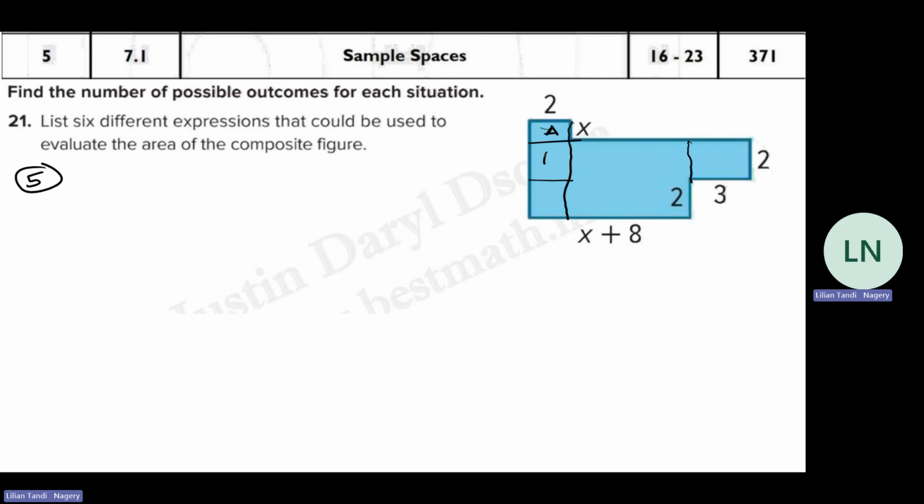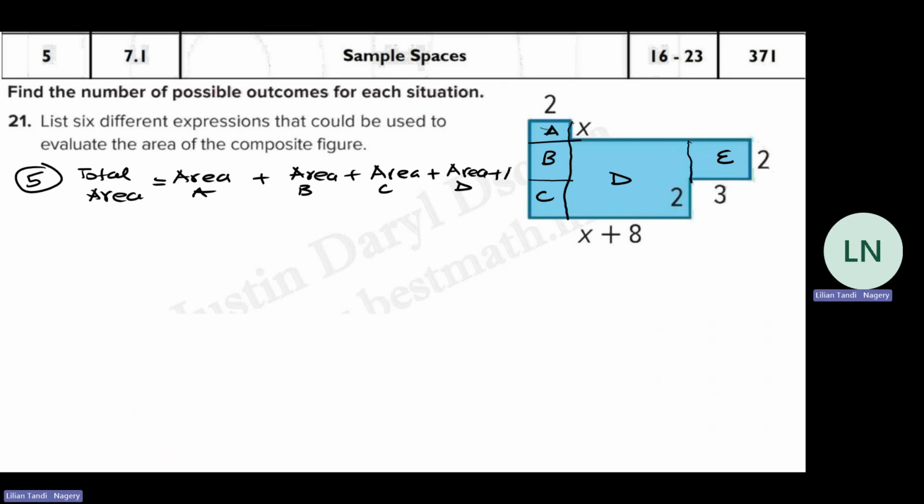So I have A, B, C, D, and E. So then I write here total area equals area A plus area B plus area C plus area D plus area E. Area A is length times width plus length times width plus length times width plus length times width plus length times width.